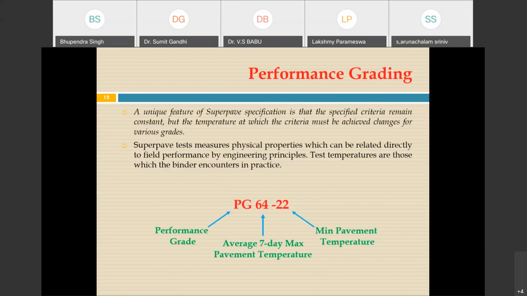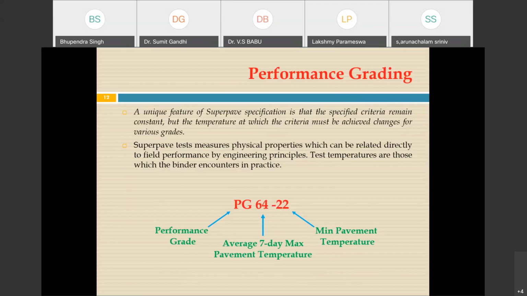The typical performance grade is given as PG 64-22. So what does it denote? PG denotes performance grade, 64 denotes the average 7-day maximum pavement temperature which our pavement will be experiencing, and -22 is the minimum pavement temperature.